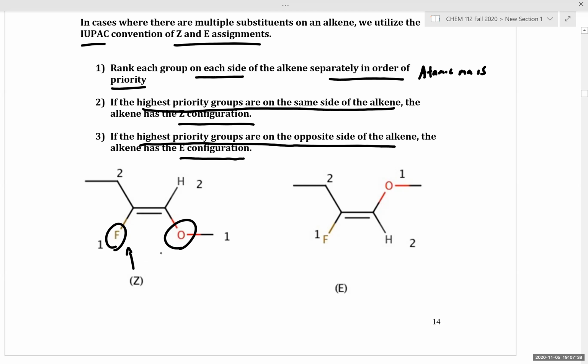They're on the same side, so we call this a Z alkene. We're not going to try to name this quite yet because we haven't covered how to name ethers yet, but I just want you to note substituents on the same side, Z alkene. In the second case, we have our high priority substituents on the opposite side of our alkene, so we call this an E alkene. Does that make sense?